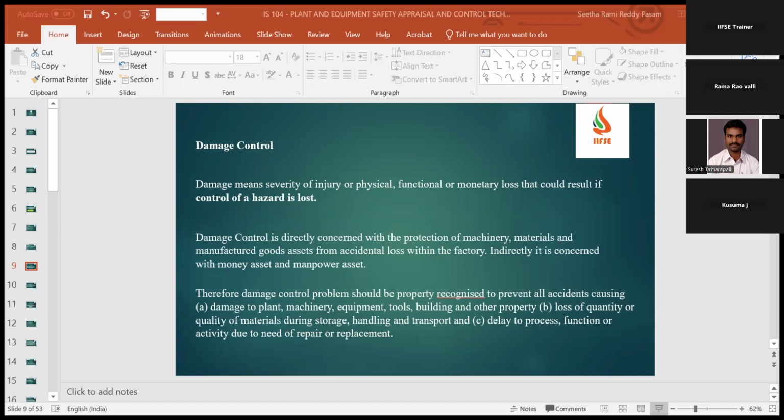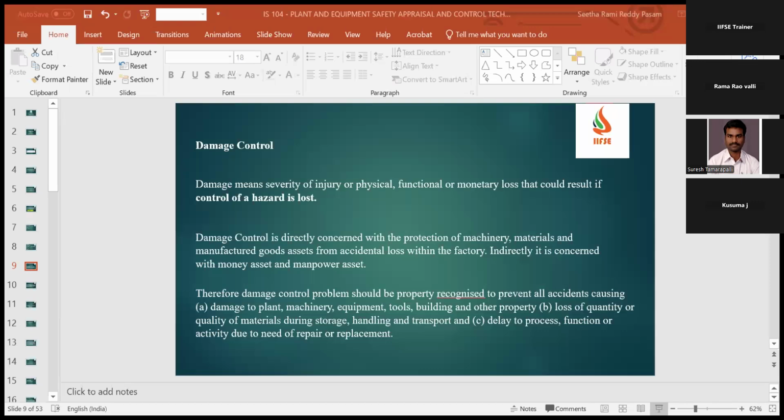The rider is wearing a helmet, and the one sitting at the back is not wearing a helmet. When I say severity of injury, the one with the helmet will have less severity, and the one without a helmet will have severe injuries.